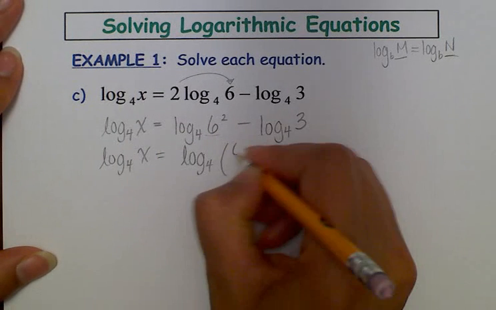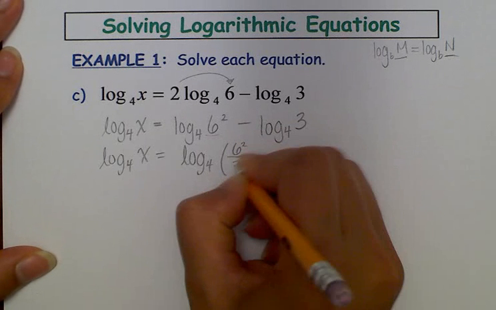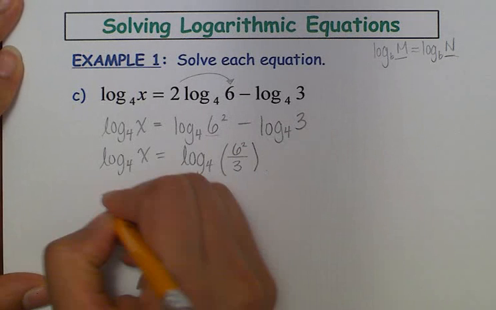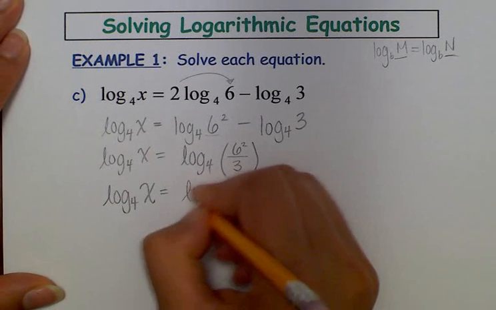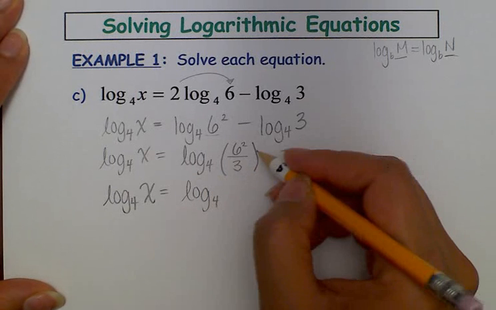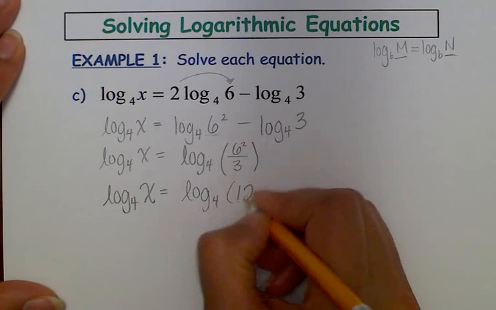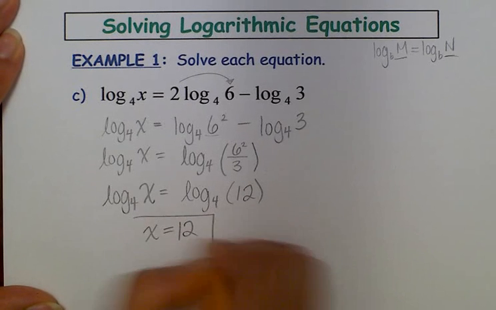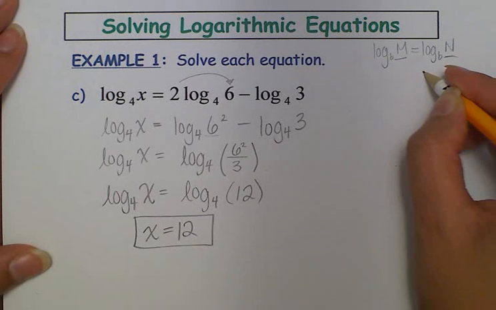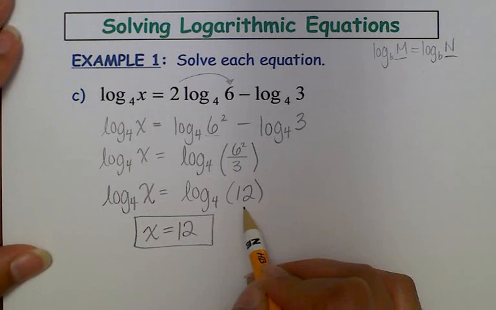So I can write 6 squared over 3, and so I end up getting log base 4 of x equals log base 4 of... 6 squared is 36. 36 divided by 3 is 12. So using the property of logarithms that we mentioned earlier, I can ignore the logarithm and actually just look at the power part, and so I get x is equal to 12.